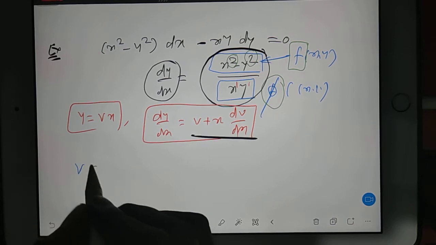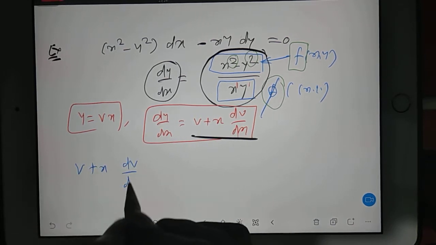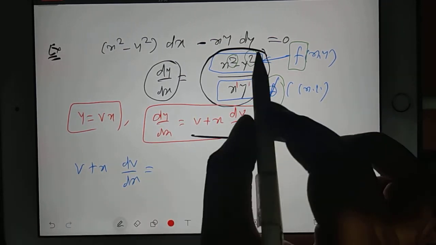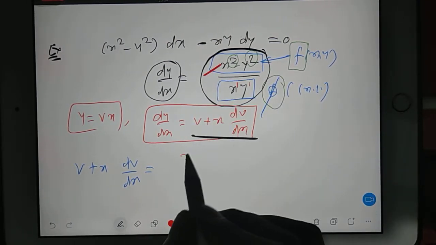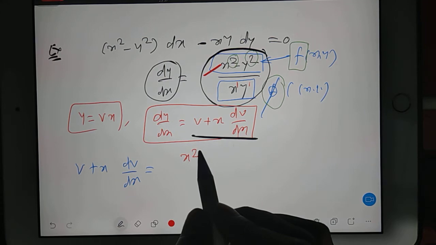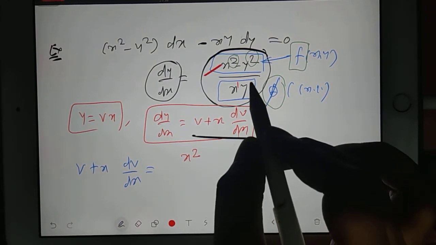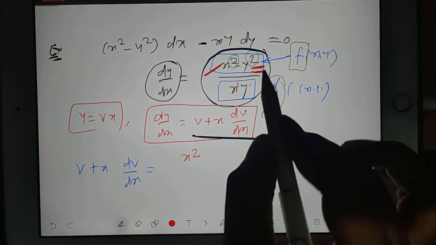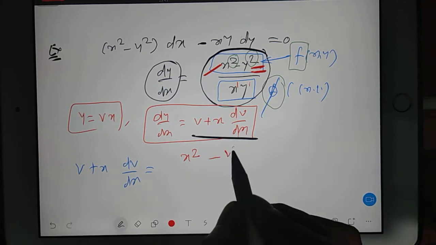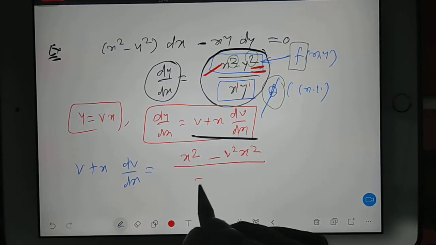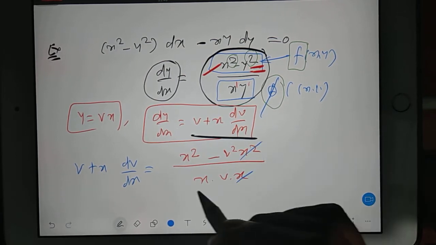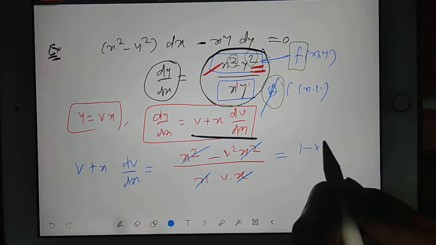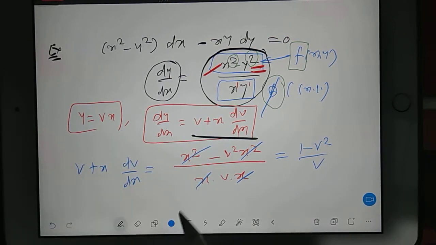So it will look like v plus x dv by dx is equal to, now wherever you have x, y, here you have x square, you write as it is. And where you have y square you write minus v square x square, divided by x into vx. You see here, x square I can cancel, so I'll be remaining with 1 minus v square by v. If I'm not doing wrong, then my answer will come correctly.